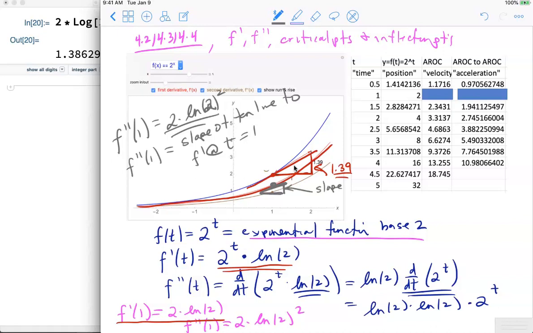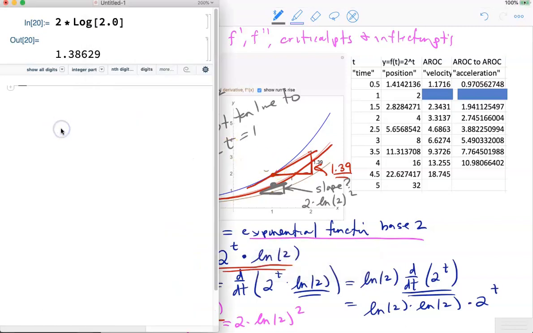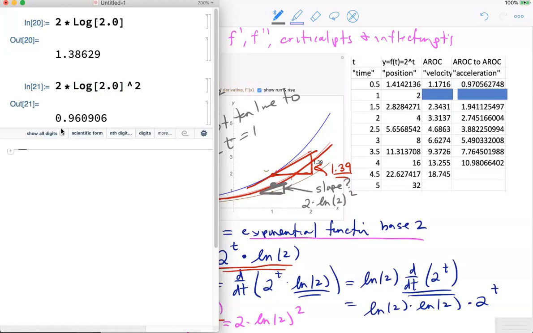The slope of that line is evidently going to be 2 times the natural logarithm of 2 squared. So let's compute that number on our calculator, because this is the number that hopefully we're going to see in the table of values in a second, and it is equal to 0.96.